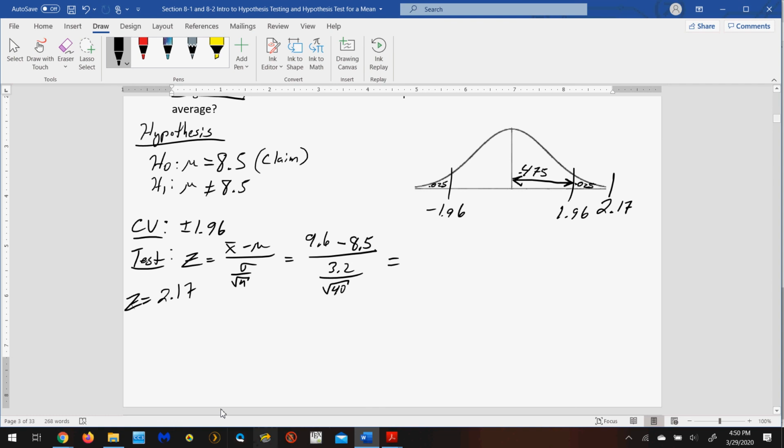So for my decision, I'm going to need to reject null hypotheses. And you can shorthand it as that. The next thing you're going to have is your conclusion.